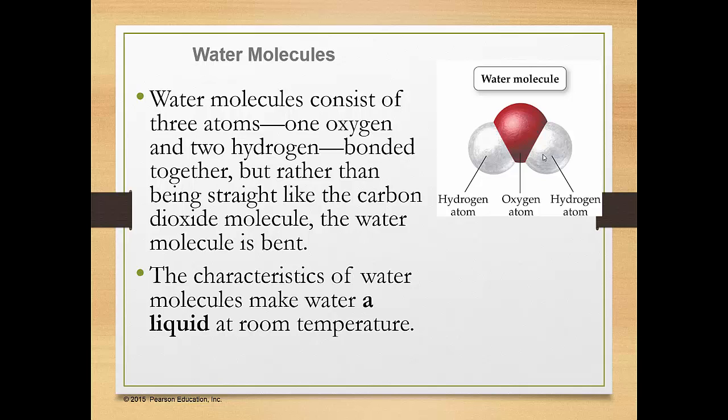So you can have a glass of water. If we heat it up, it can convert to a gas. We cool it down, it converts to a solid. But at room temperature, it's a liquid. So why are these two fairly similar molecules, 3 atoms, one's in a line, one's bent, why is one a liquid and one a gas at room temperature? These are all questions that we want to answer as we go through this semester.